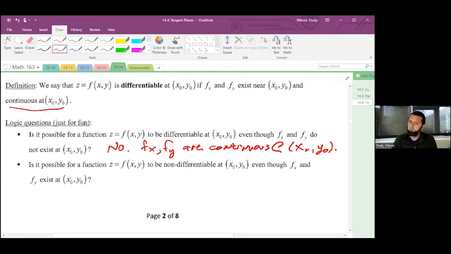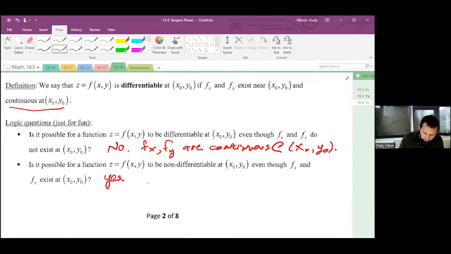Second logic question, again just for fun. Is it possible for a function z equal to f of x, y to be non-differentiable at x naught, y naught, even though fx and fy exist at x naught, y naught? The answer is yes, it is possible, because the partials could exist at the point, but not exist in the area around it.